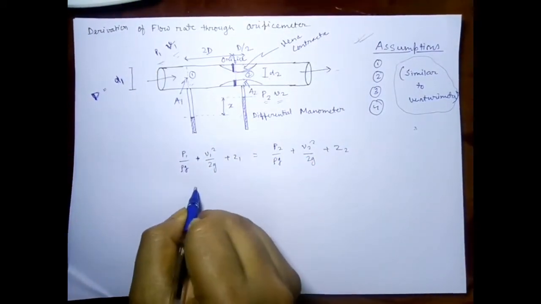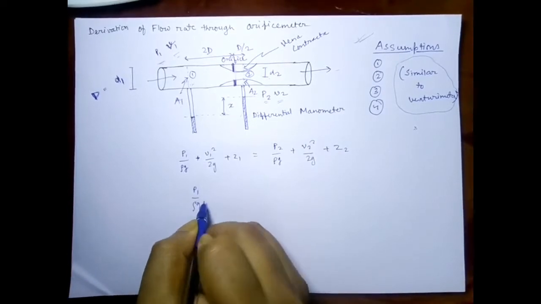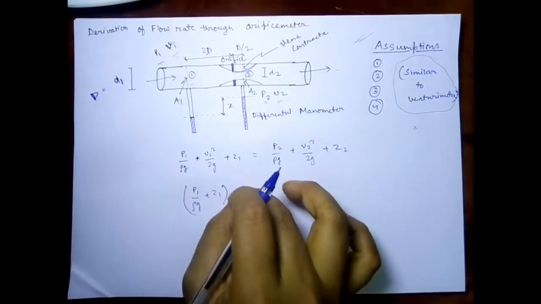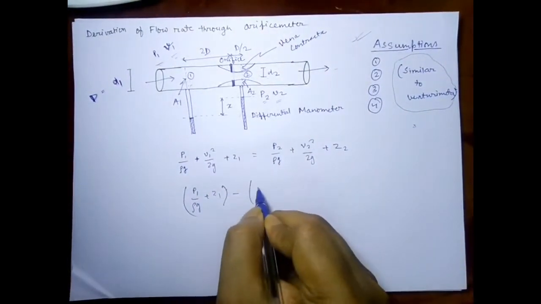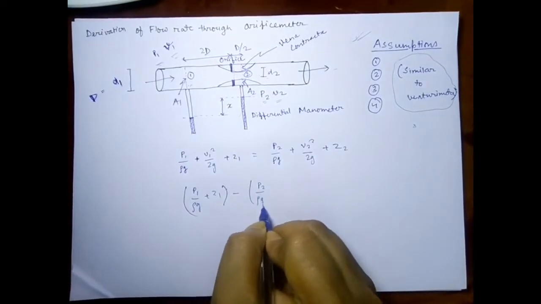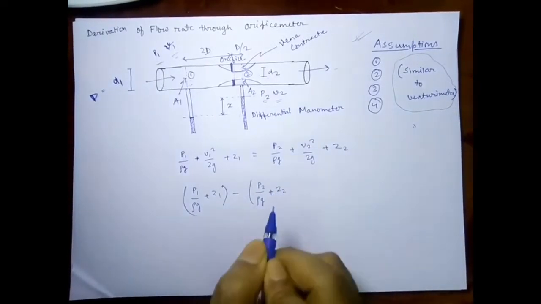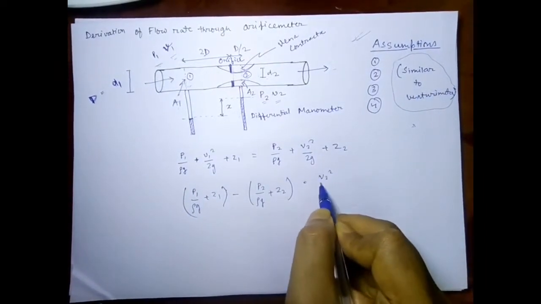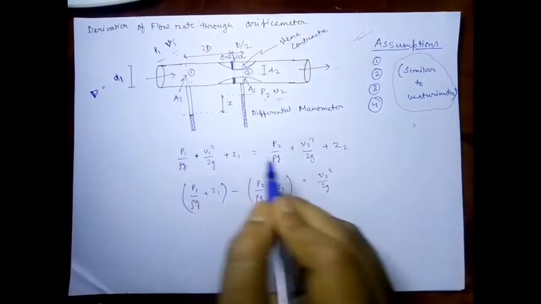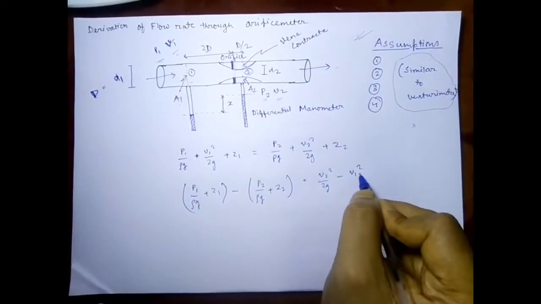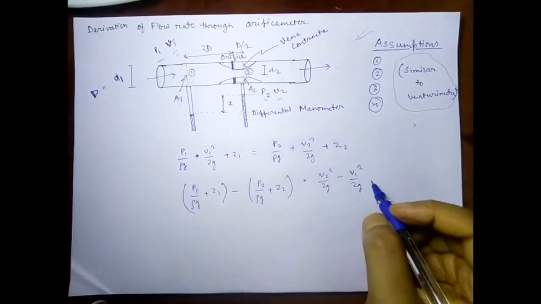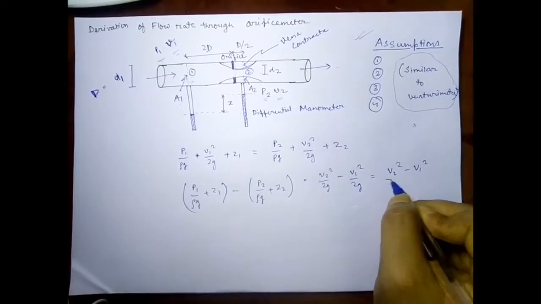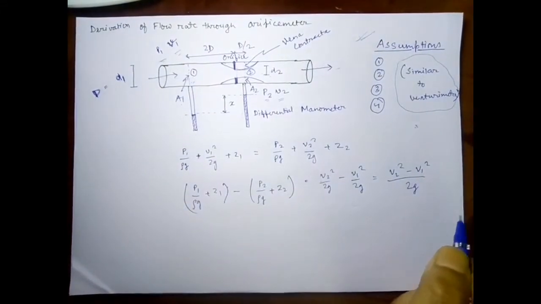It will be like P1 upon rho g plus Z1 minus P2 upon rho g plus Z2, and it will be equal to V2 square upon 2g minus V1 square upon 2g, which is equal to V2 square minus V1 square upon 2g.